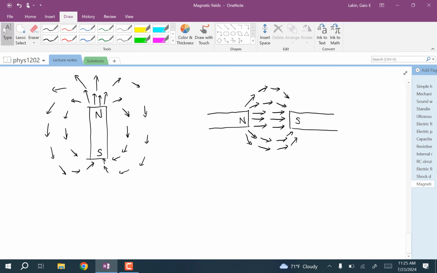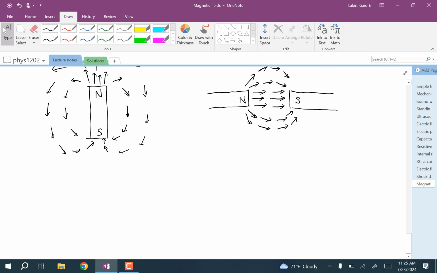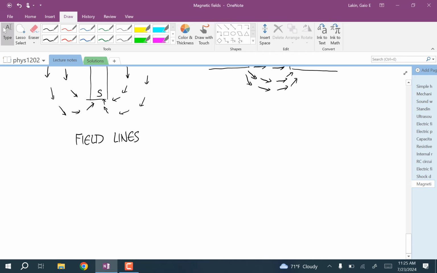And one common way to represent these, because these arrows are kind of time consuming to draw, is to represent them using field lines. And the field lines are curves where at every point along the field line, the magnetic field vector at that point is tangent to the field line.